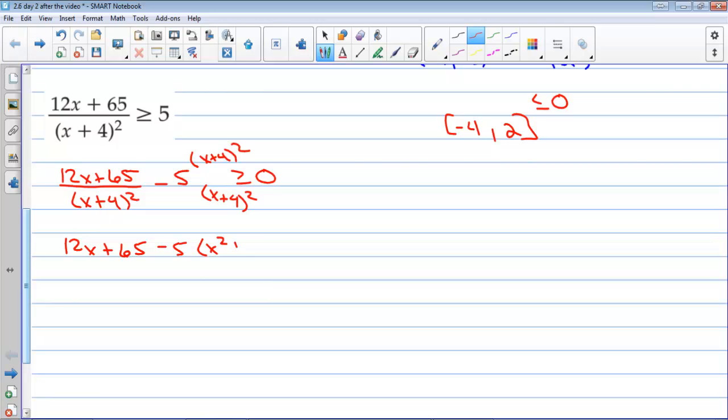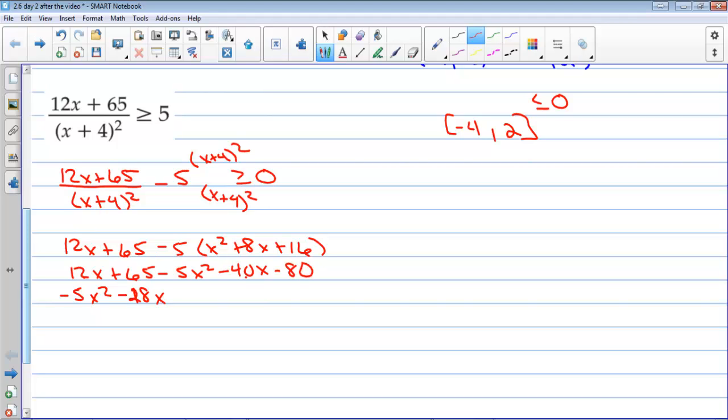So we get x squared plus 8x plus 16. Let's distribute the negative 5. So we have minus 5x squared minus 40x minus 80. Collect all the like terms. So we have negative 5x squared. 12x and negative 40 is negative 28x, not 18, 28.